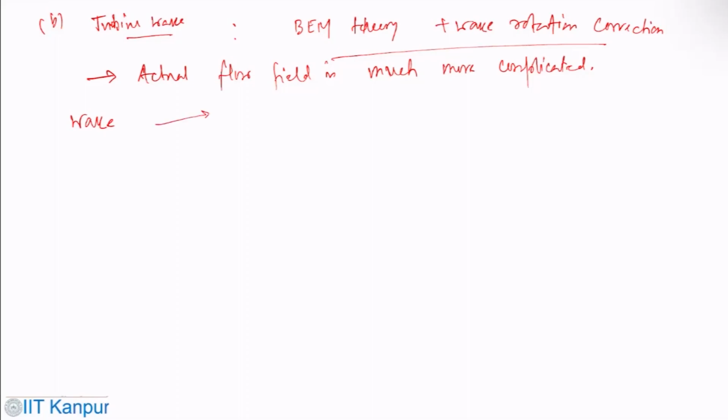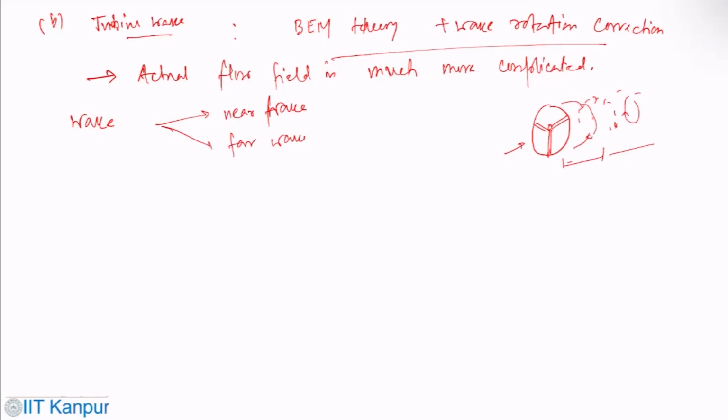So if the turbine is here and this is the flow, then there could be wake. Just near the turbine, one is the near field wake or near wake. Another is the far wake. So this could be near wake and this is far wake.